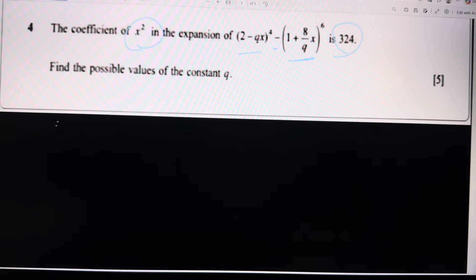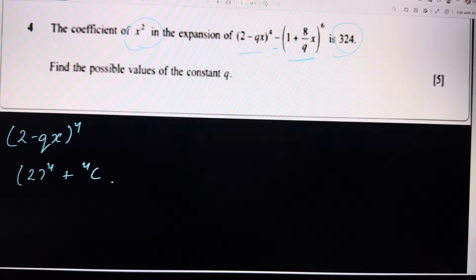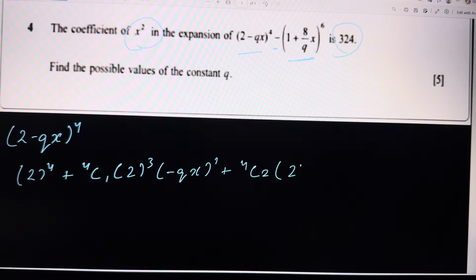First, the first expansion is (2 minus qx) to the power 4. So this will become 2 to the 4 plus 4C1, we're just going to apply the expansion, so 2 cubed and then minus qx to the 1, plus 4C2 and 2 to the power decreases, minus qx to the power 2.